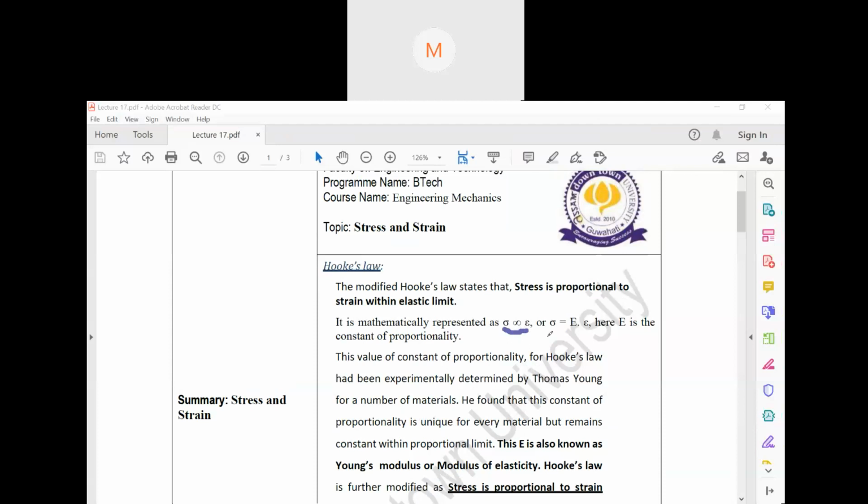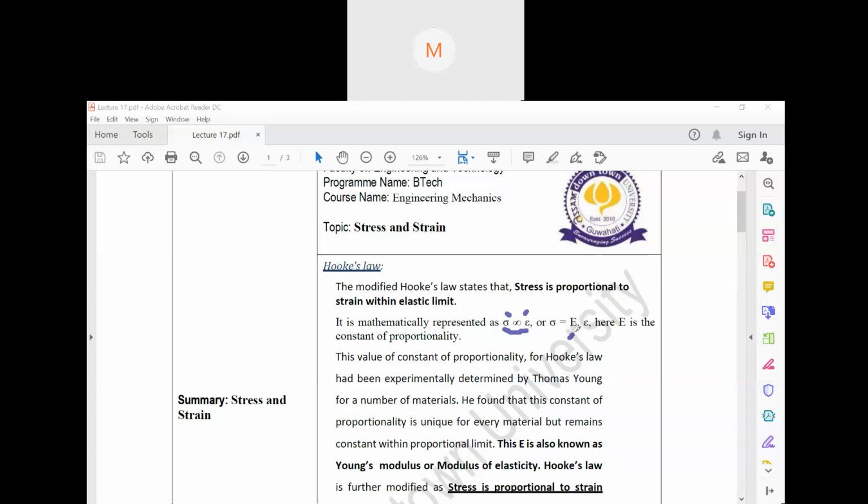That means, as per Hooke's law, this sigma is directly proportional to epsilon, right? Now, if these two are directly proportional to each other, then we'll have a constant of proportionality, which is known as Young's modulus.